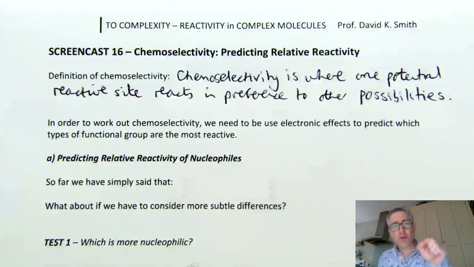Chemoselectivity is where one potential reactive site reacts in preference to other possibilities.